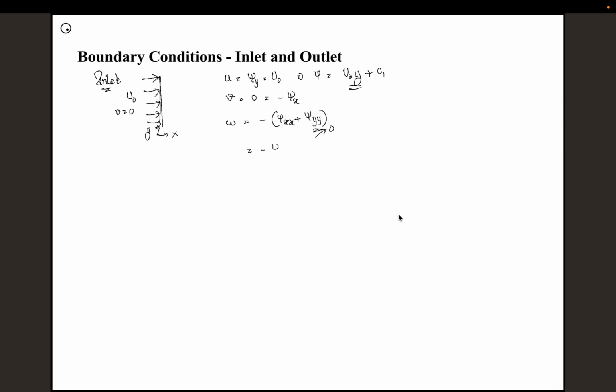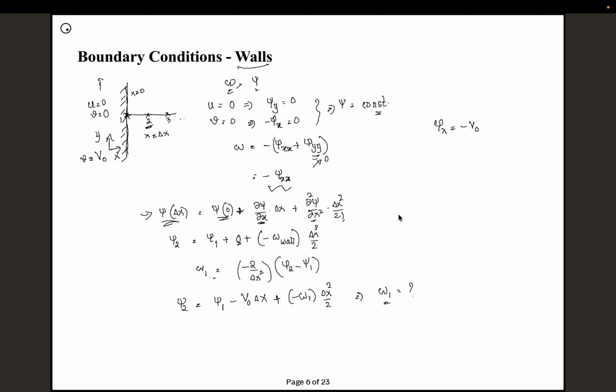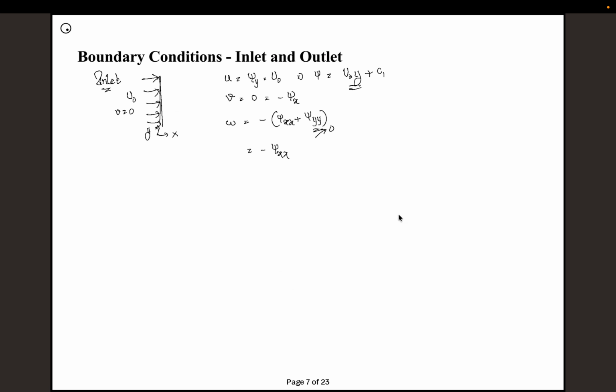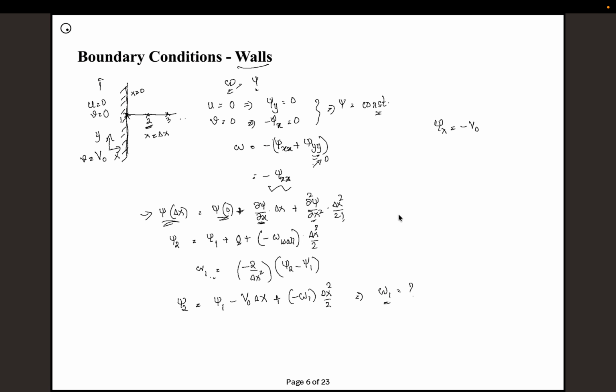Again, this is very similar to whatever we got before. So omega is minus psi xx, which is the same as this. Again, we need to substitute the corresponding value here, and we will get the equation for omega. So omega 1 will be the same as whatever expression we got before.